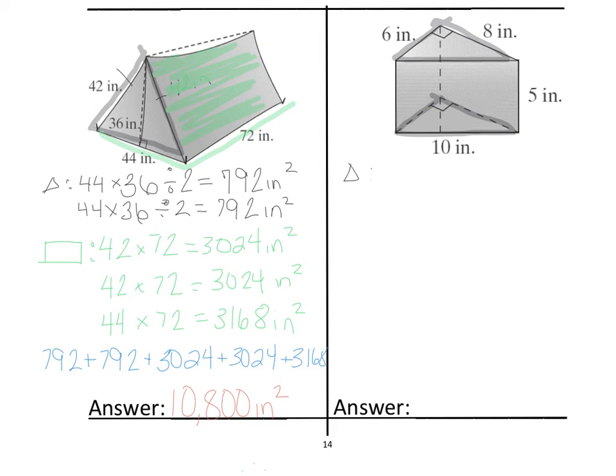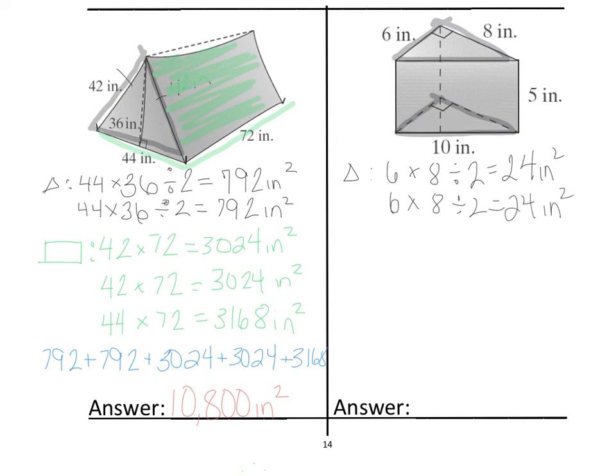In this case, we look for the right angle box. The right angle box is touching the side that's 6 inches and the side that's 8 inches, meaning that 6 and 8 are our base and height. It's a triangle, so we know we have to divide by 2, and that gives us 24 inches squared. There are 2 congruent triangles, so we know we have to do 6 times 8 divided by 2, again, to get 24 inches squared.